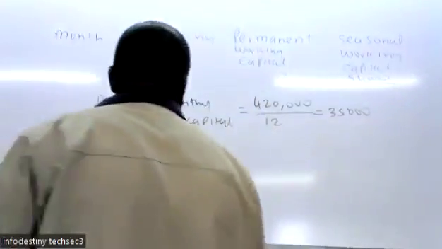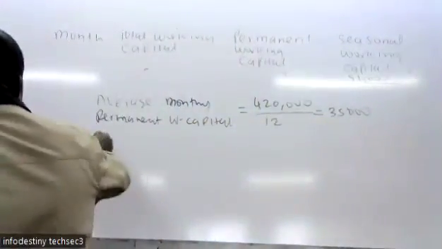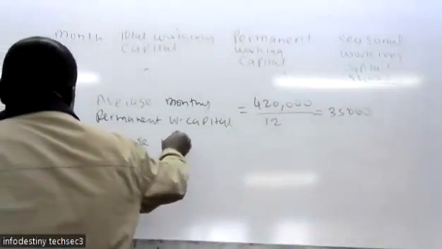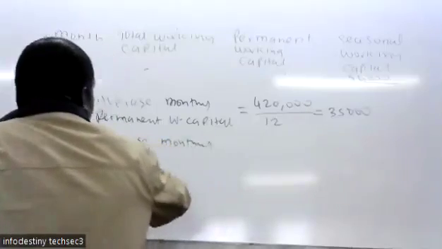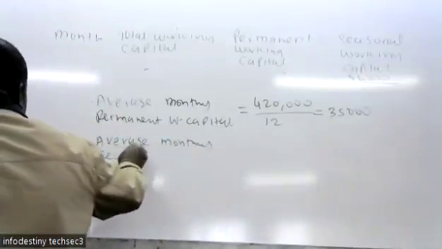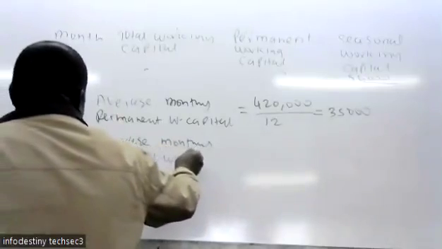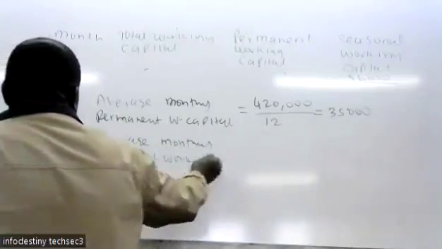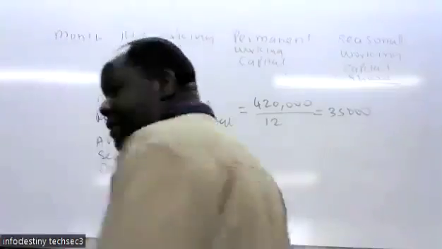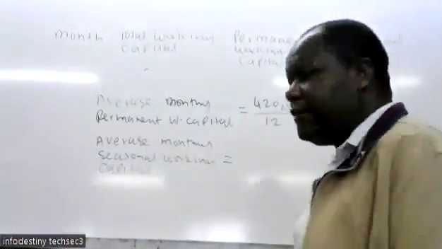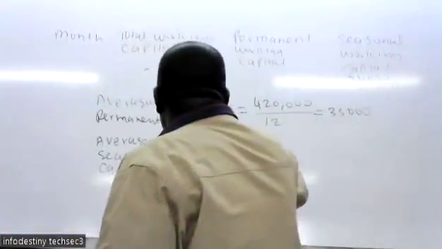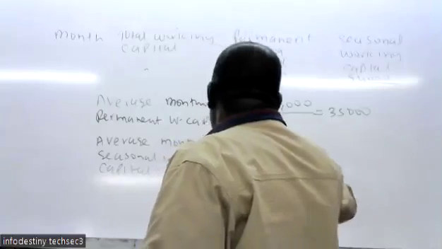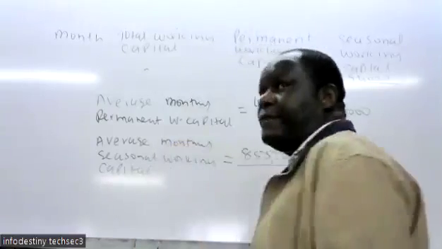Then also the average monthly seasonal working capital. You simply take what is there as 855.